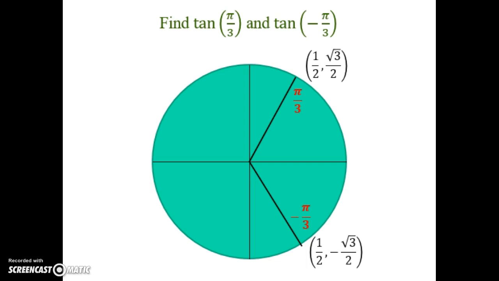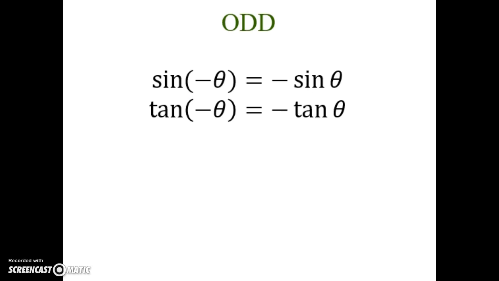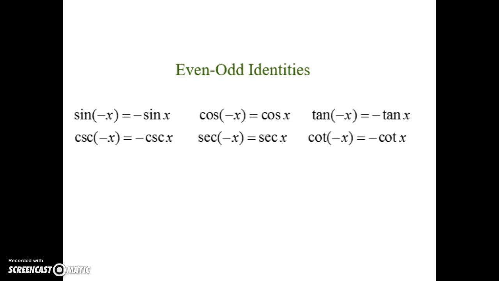If we take the y value divided by the x value, we can see that tangent at pi over 3 is going to be positive square root of 3, and tangent at negative pi over 3 is going to be negative square root of 3. So it is true that both sine and tangent are odd functions. When we feed these functions a negative value, that negative pops out front of the entire original function that we started with. So we're going to use these as identities for some of our trig expressions and equations.